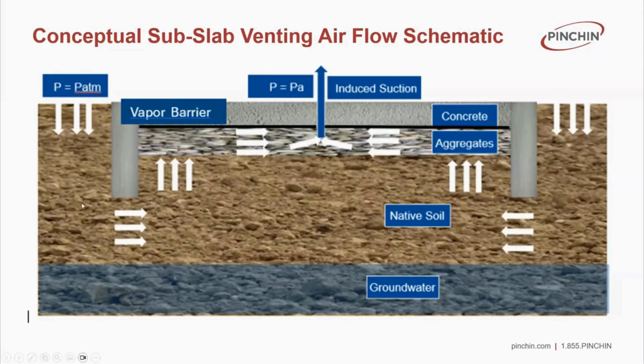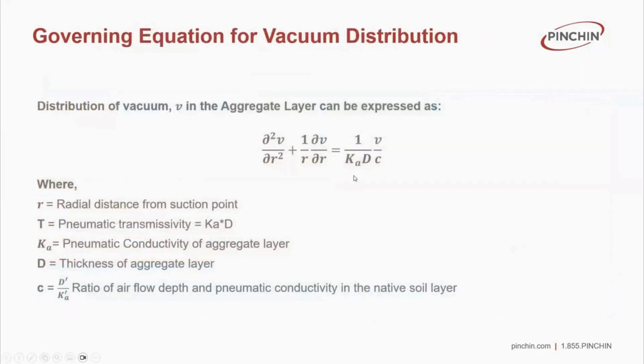All air comes from the atmosphere, goes around the foundation, ultimately enters the permeable layer and gets vented out. Most of the airflow we are talking about in venting is really shallow airflow, not deep. We are not getting air from deep underground to be vented out. It's all coming from the atmosphere, going around the foundation, traveling through the vent laterals and entering the vent riser.